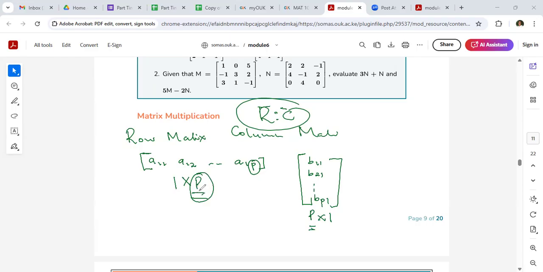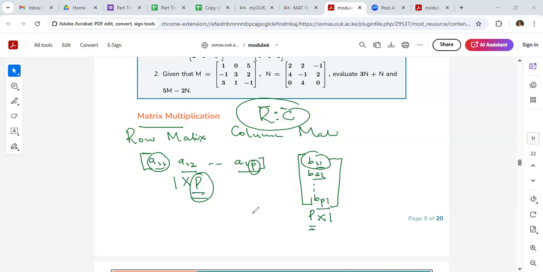What do we mean by conformable? It simply means each element must have a corresponding element, because when you multiply matrices, you multiply corresponding elements, then you find their sum. For example, I'll take A11 multiplied by B11, A12 multiplied by B21, A1P multiplied by BP1.